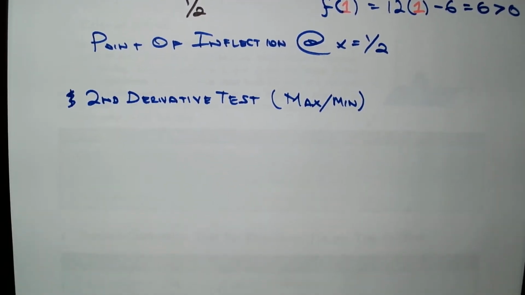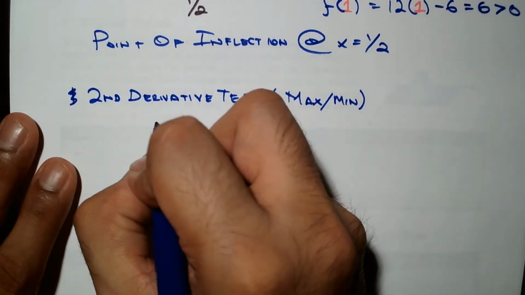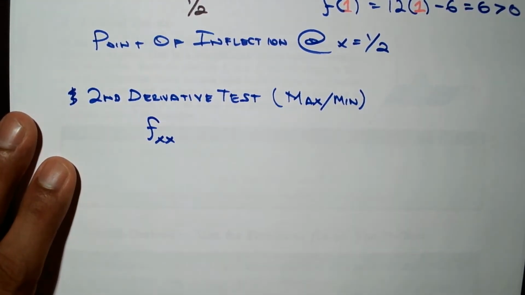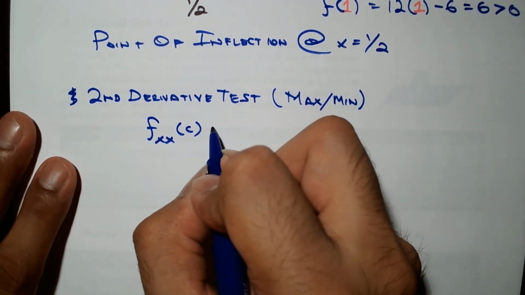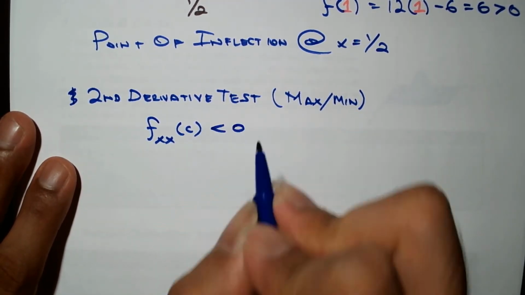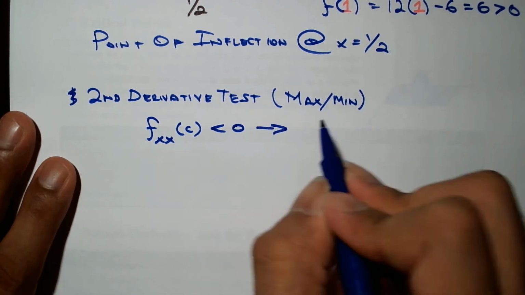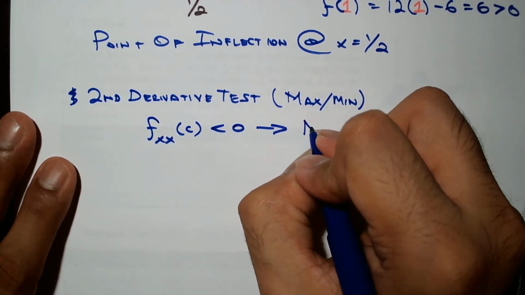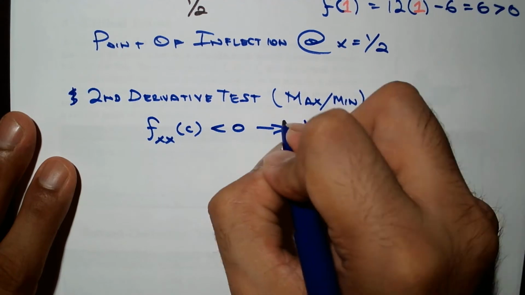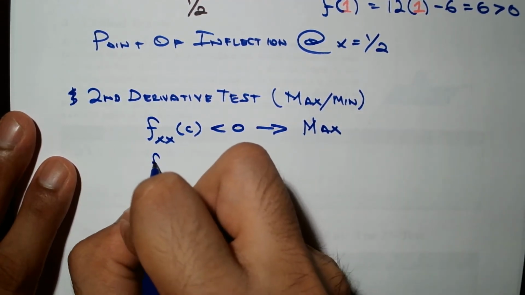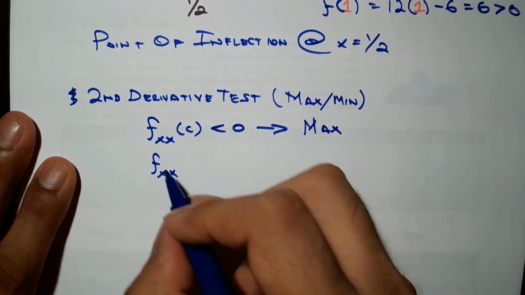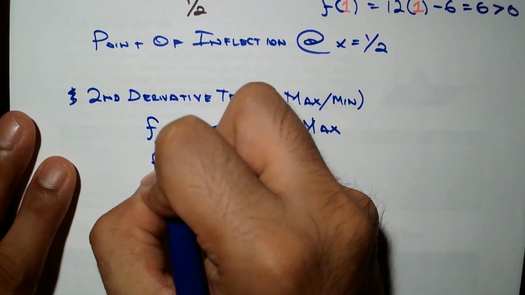All we're doing here is using another second derivative test, in which we take the second derivative and evaluate it at the critical value. If we get some number less than 0, that is negative, then we have a real max. Otherwise, if the second derivative, oops, no, that's not the notation.